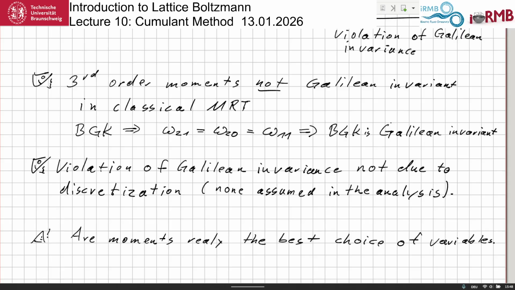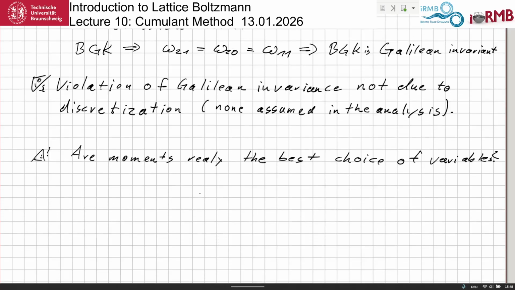So in the last 10 years, I mean, you know that I'm going to say no. But actually, the question also is whether cumulants are the best choice. Cumulants are the best choice that we have found so far. But there are still a lot of things unclear. Okay, we'll look at what the state of the art is now.